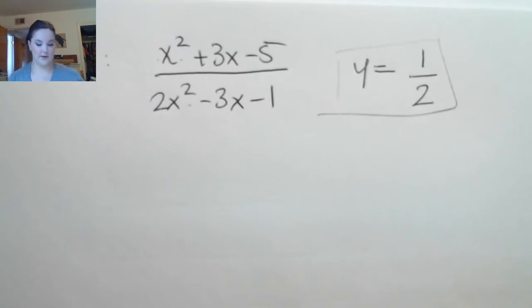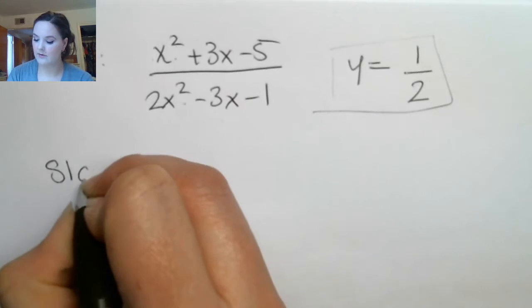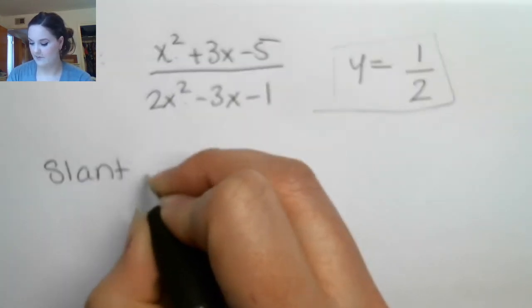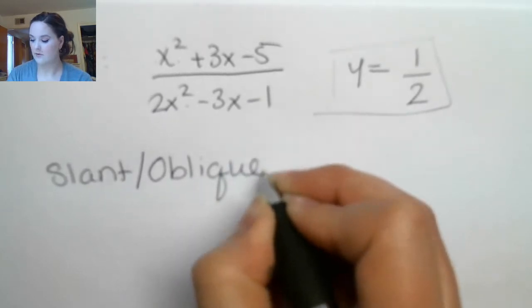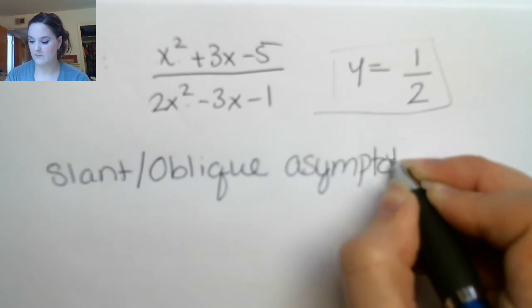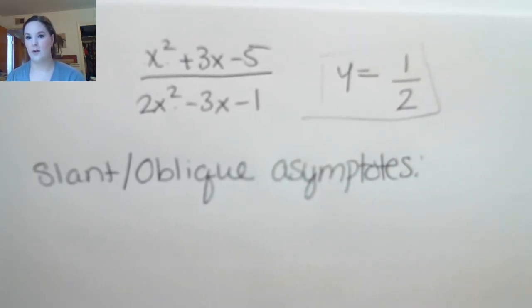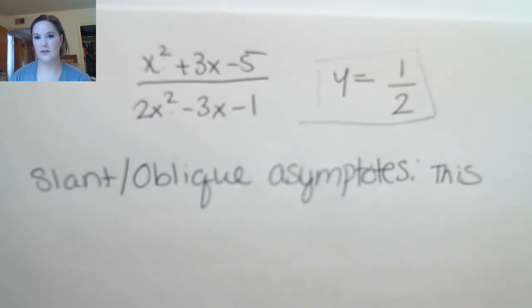All right, the last type of asymptote is a slant asymptote. Okay, and these are also called oblique asymptotes. Okay, so this is a normal line, like a slanted line.